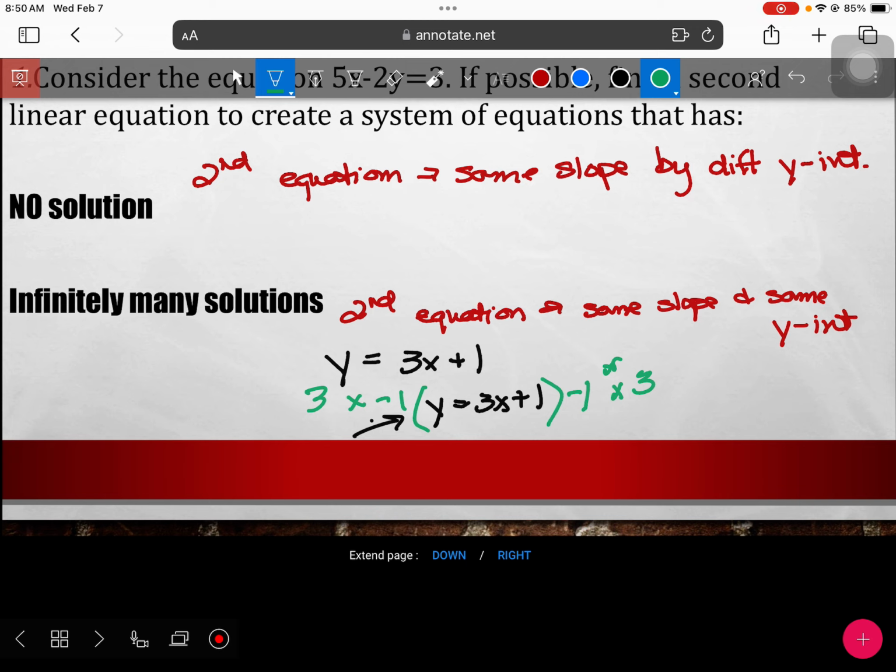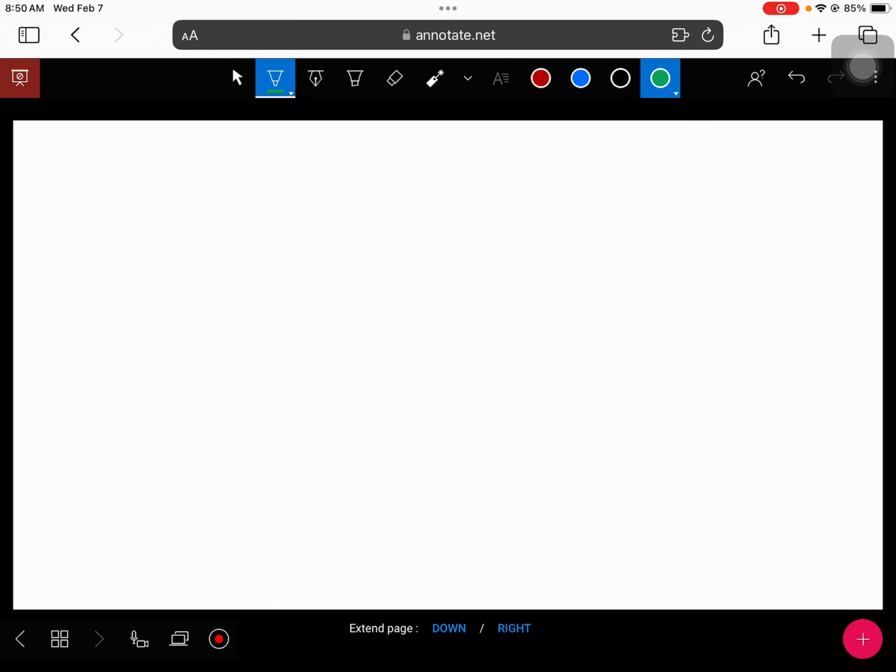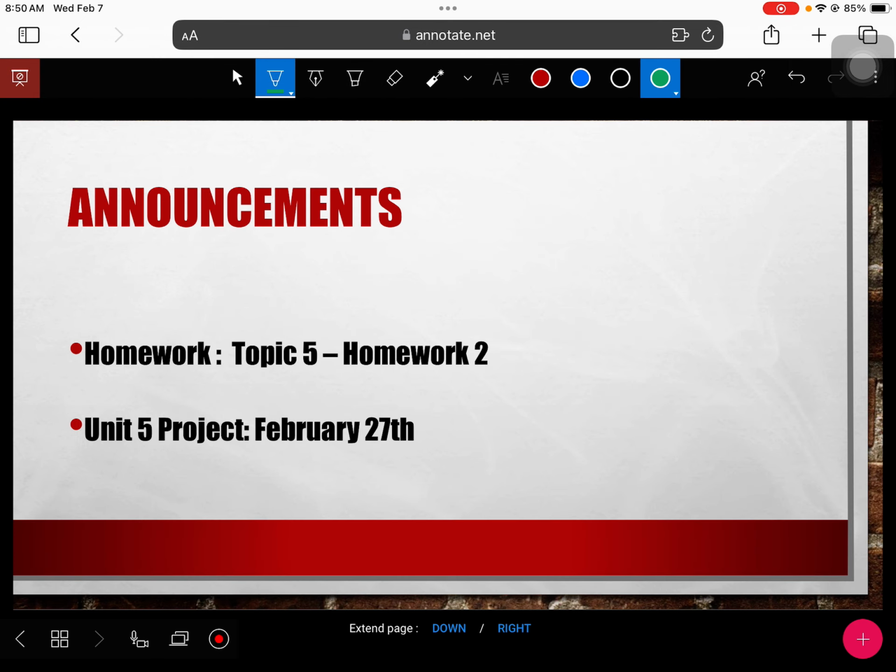We're just trying to find a second equation that works. So if you multiply an equation, everything in it by the same number, you should get a different equation. And when you simplify it, you would get the same slope and the same y-intercept.